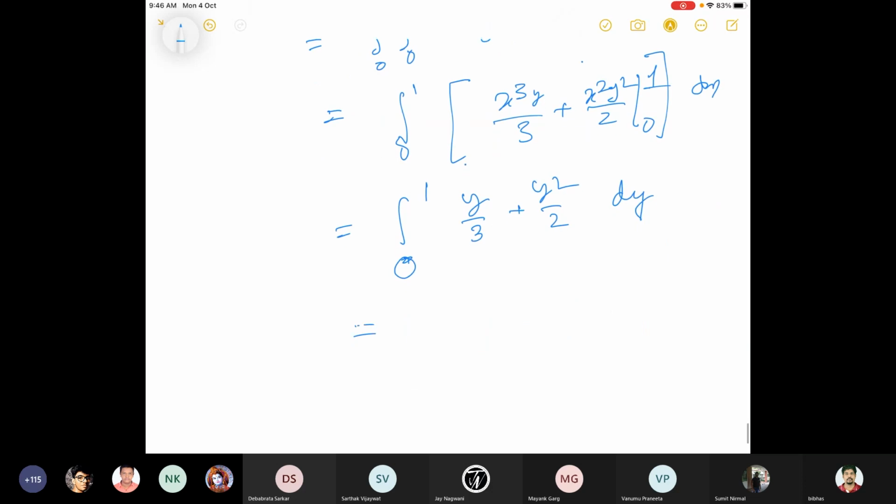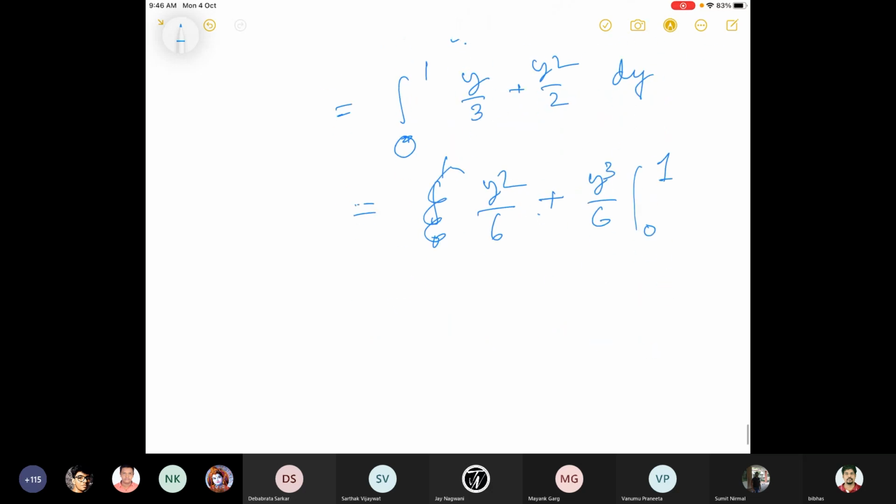So then this is 0 to 1. Y means y square by 6, okay, y square by 6 plus y cube by 6, 0 to 1. So 1 by 6 plus 1 by 6, which is 2 by 6, right? Yeah, so 2 by 6, which is 1 by 3.